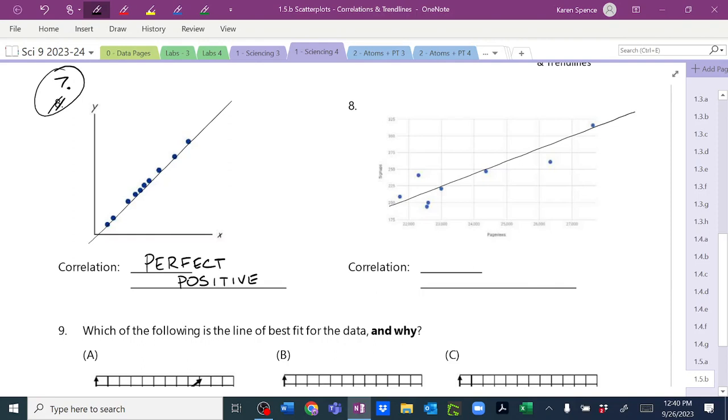I would probably classify it as strong positive, but it's a bit borderline, you know, like there's a few points that are kind of out there. So like I said, this is not the kind of one I would give you on a quiz or a test because it's a little ambiguous. You might go one way on your answer, you might go the other way. I would say strong positive though. That would be my preference.